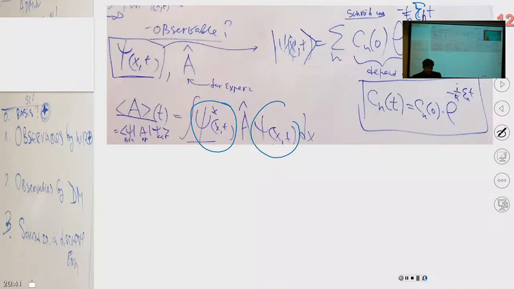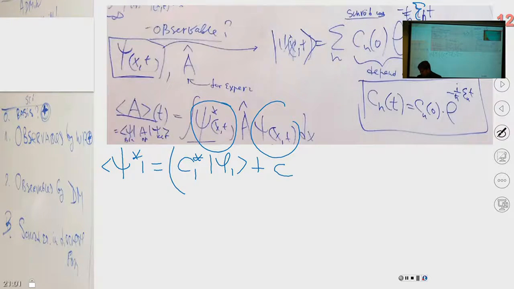Okay? Now, if our wave function with star is a bra vector, and it is C1 star, 1 plus C2 star.